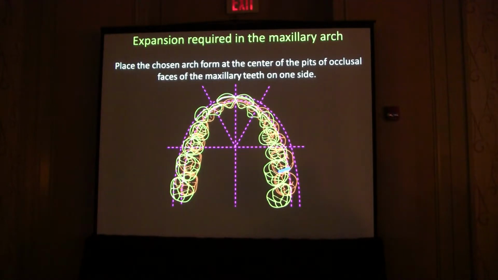Next, the therapeutic arch form is reported on the maxillary arch by positioning the continuous line in the middle of the occlusal face of the upper molar and 2 millimeters behind the incisors.